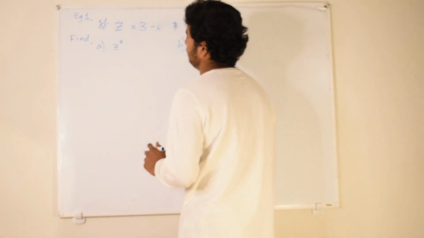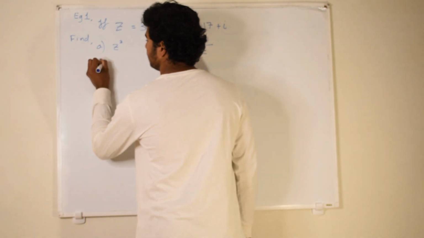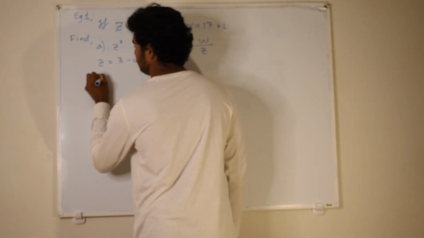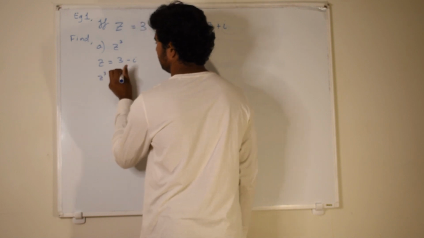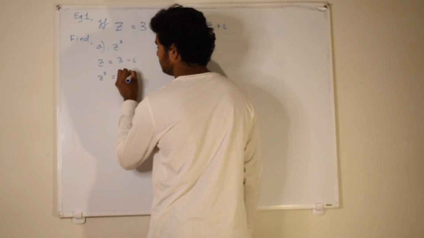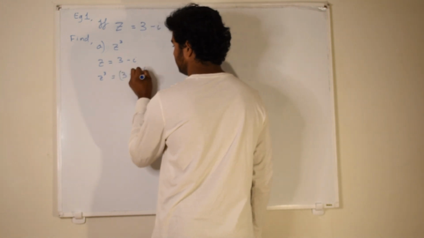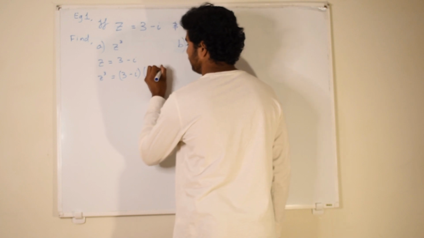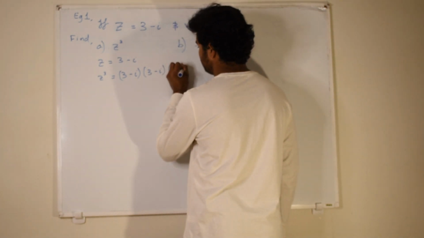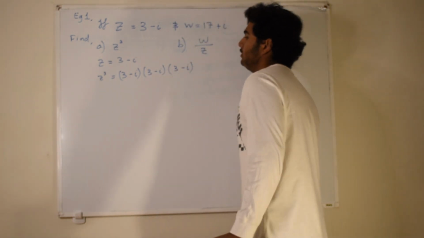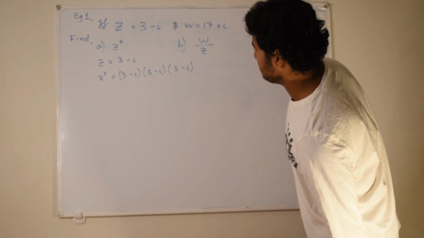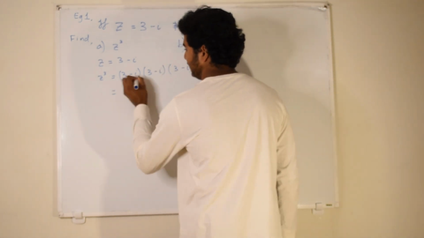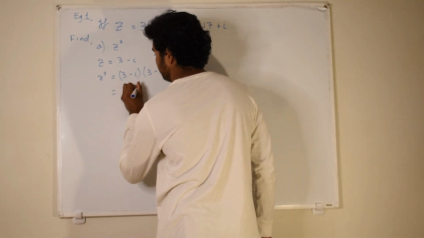So as we know, if z equals 3 minus i, z cubed would be the cube of that, so it would be 3 minus i multiplied by itself 3 times: 3 minus i, and 3 minus i.